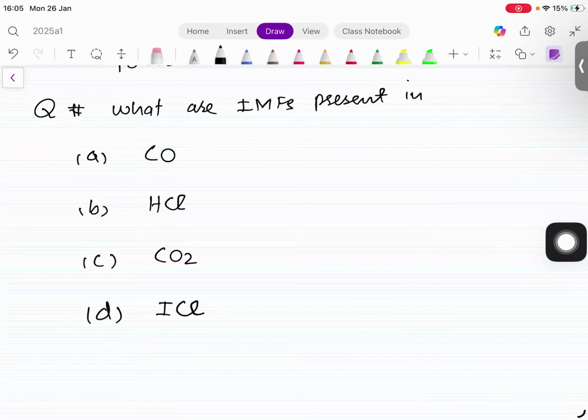Can you please just write the names of the intermolecular forces? Anyone?